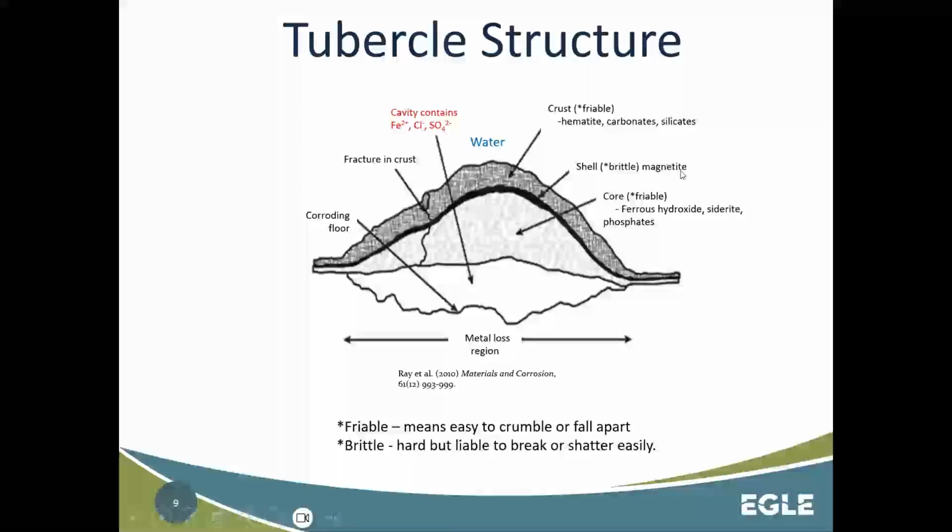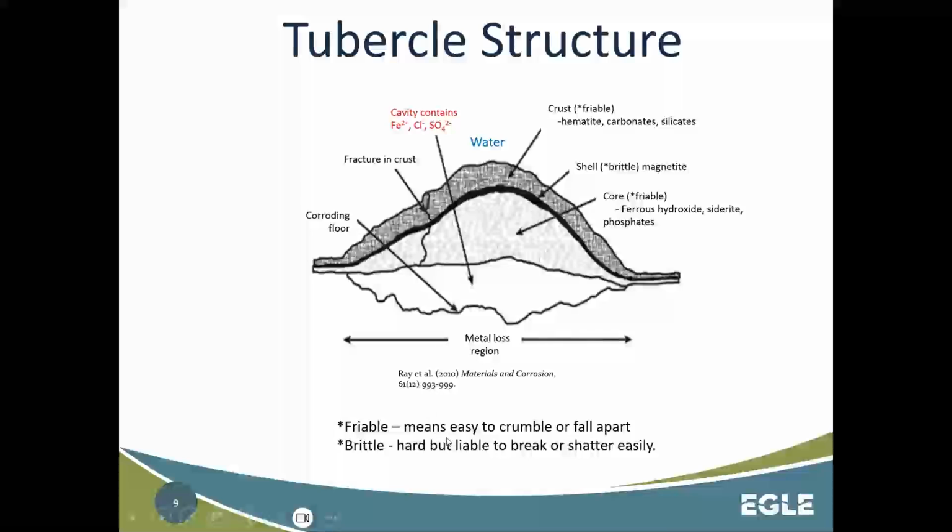So you could have magnetite, or you could have your actual core, maybe of that initial stage where you're having that iron oxide, right? So ferrous hydroxide, siderite, phosphates. Those are those things that might be driving that reaction right off the bat. And so you can see here just kind of the same kind of thing. This might have been the initial pipe wall surface. Now you're having this loss of metal, and now it's building up. Usually this is probably downstream, but once it deposits downstream, then you can still have those reactions going forward.